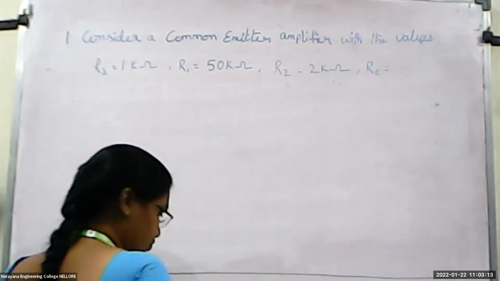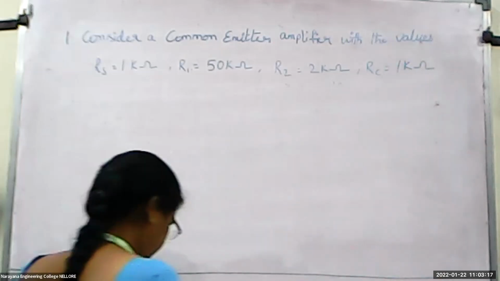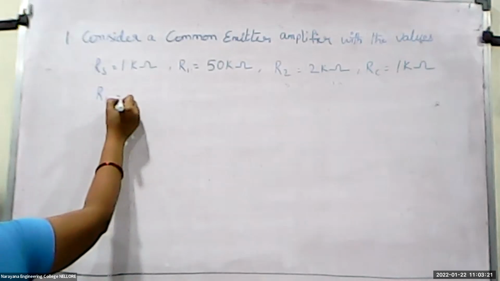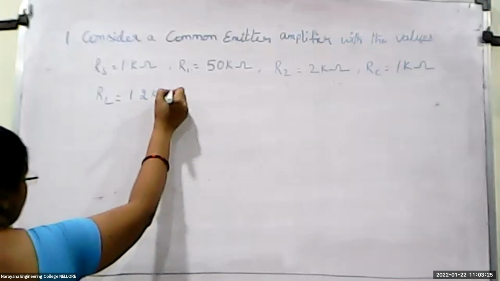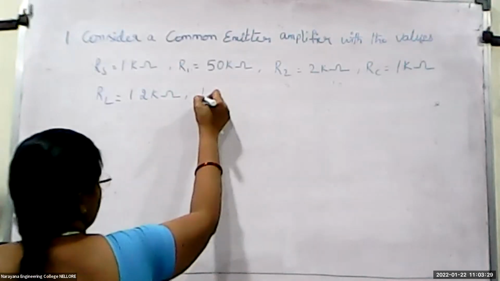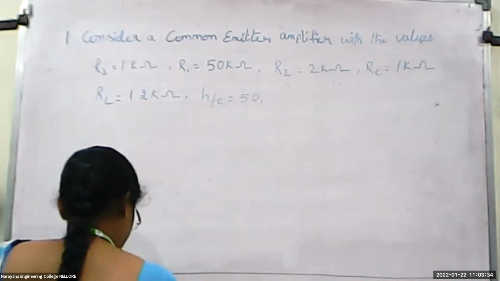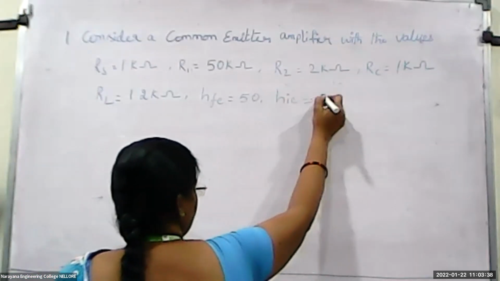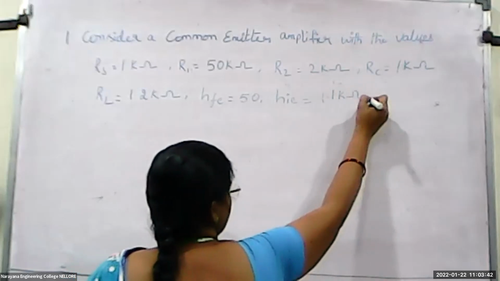RC is equal to 1 kilo ohm. RL is 1.2 kilo ohms. HFE is equal to 50. HIE is equal to 1.1 kilo ohm.